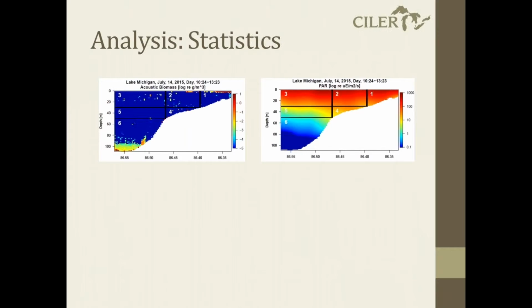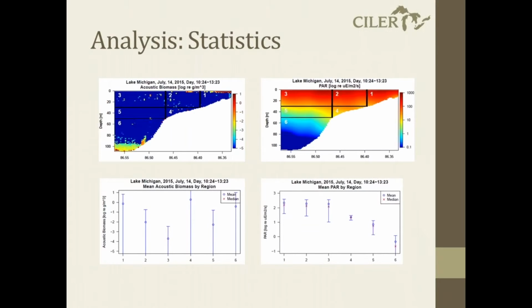And sometimes it's easy to see clear relationships. Here we see maybe some more acoustic biomass activity in the deeper regions, and when we're looking at PAR, we don't see a whole lot of light penetration down in the deeper regions. So maybe there's some relationship with that, maybe not.